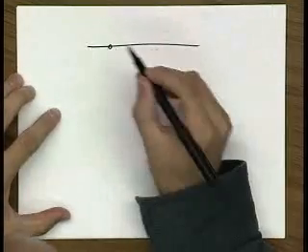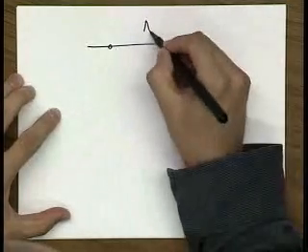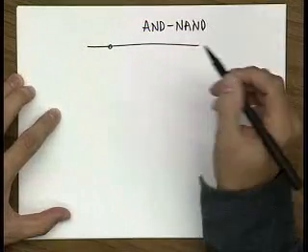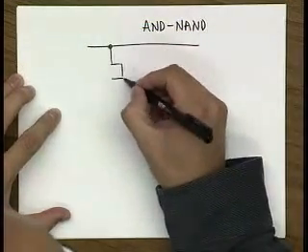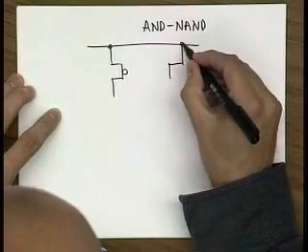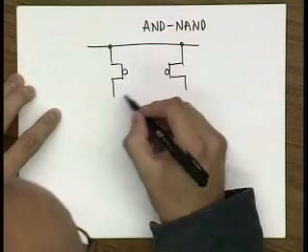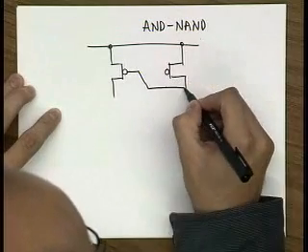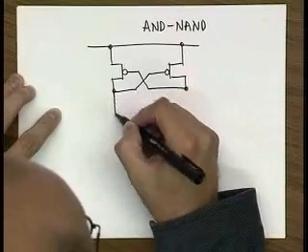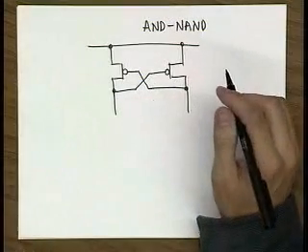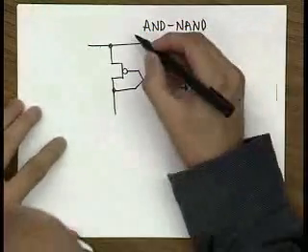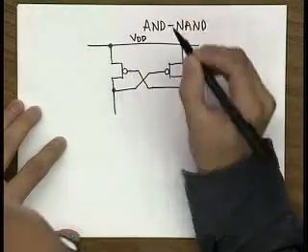So now let's do one example here to make this clear. How would you implement the AND and NAND functions? Let's do AND NAND in this CVSL. So now this is your pull-up structure.